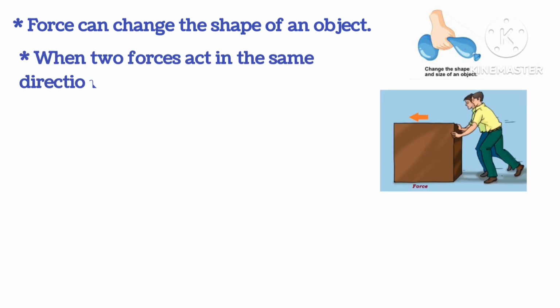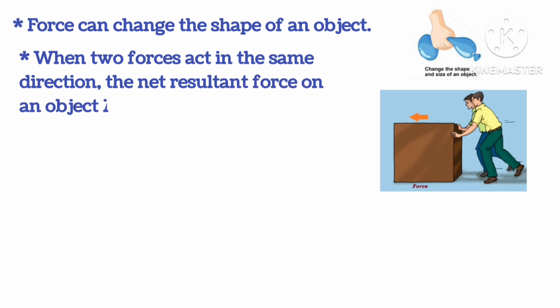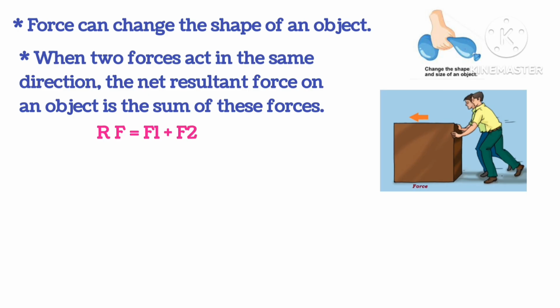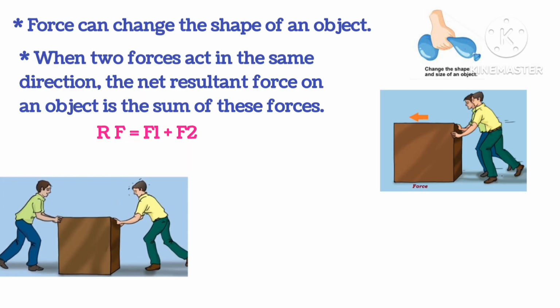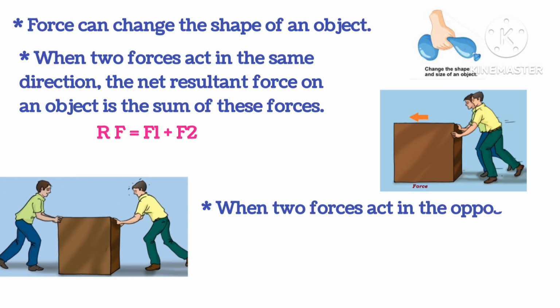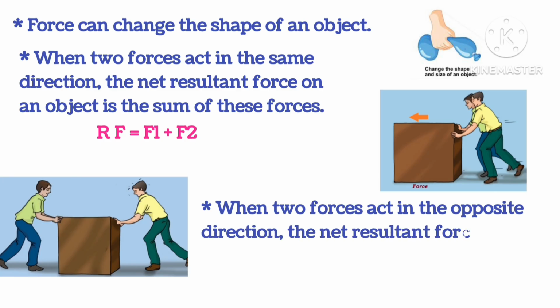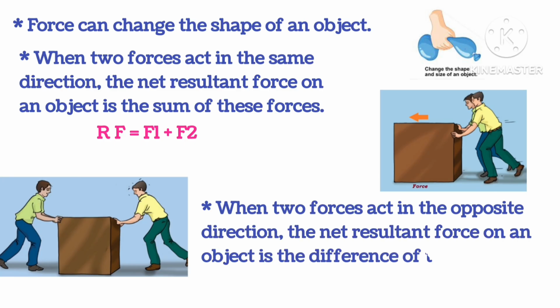When two forces act in the same direction, the net resultant force on the object is the sum of these forces. That is, resultant force is equal to force 1 plus force 2. When two forces act in opposite directions, the net resultant force on an object is the difference of these forces.